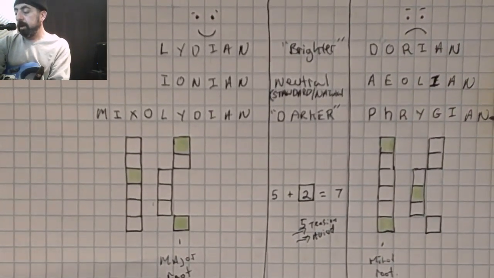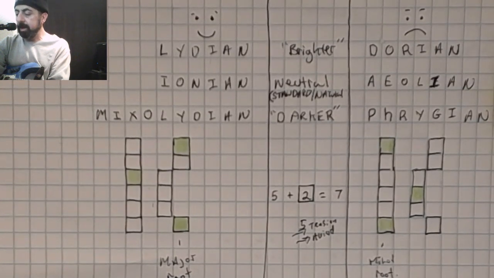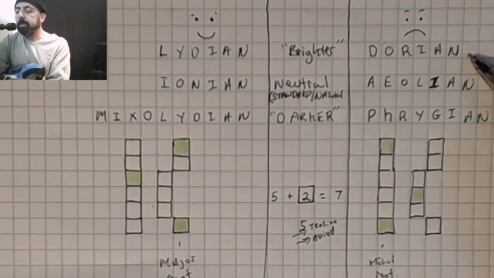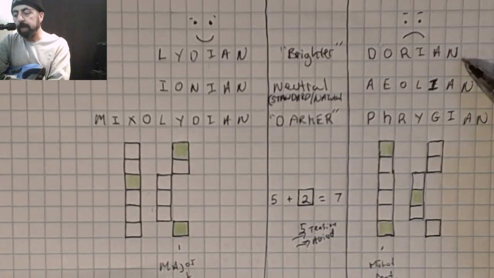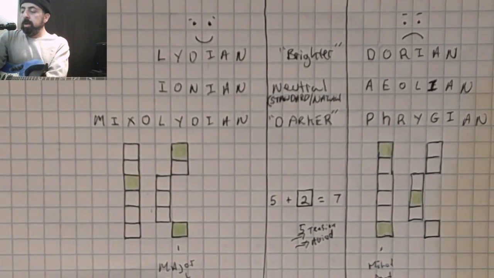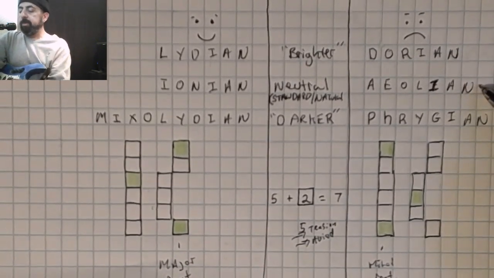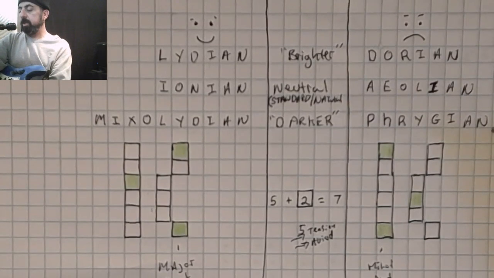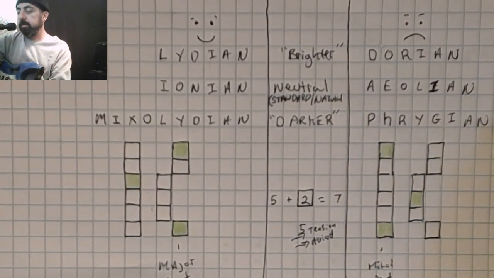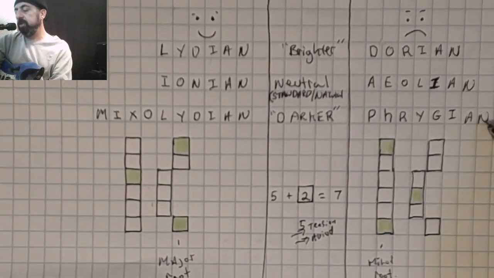Phrygian is on the darker side of things, the more Latin, Egyptian, really out there, getting very cultural. And Dorian has a little bit of light at the end of the tunnel. It's still sad, but there's some hope in there. If that's your mood, then you choose Dorian. If you're a little more on the serious side of things, you might be an Aeolian. And if you want to get really flavorful, you're going to be making something in Phrygian.